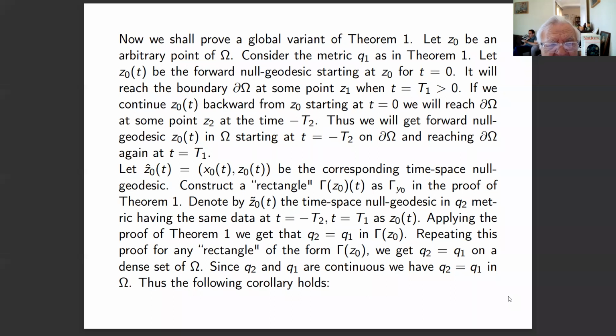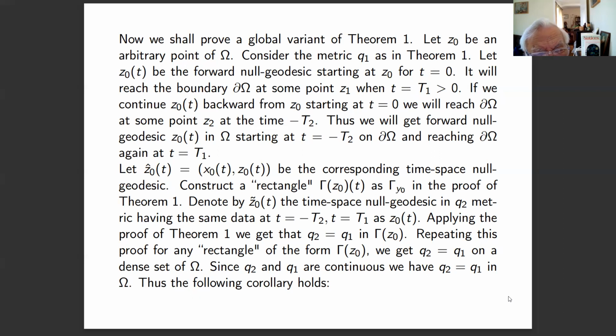Now we consider some global version of theorem 1, not really global, but suppose z0 is an arbitrary point in omega. Consider metric Q1 as in theorem 1. Let Z0 of t be a null-geodesic starting at t equals 0, and it will reach the boundary at some point Z1.